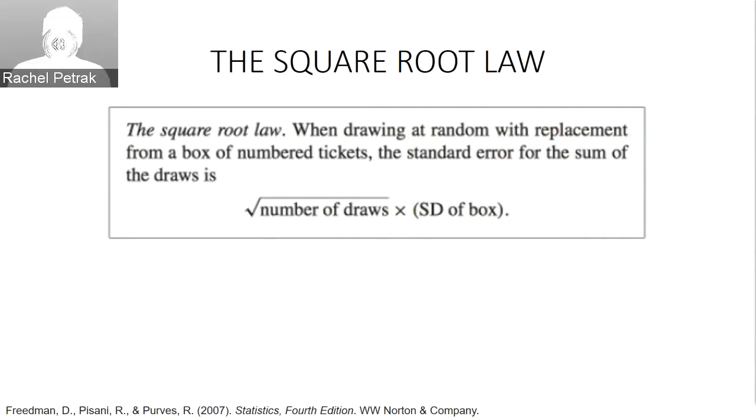We'll talk about it more, but in short, when we are talking about getting the standard error for the sum of draws, the standard error is how we quantify chance error.